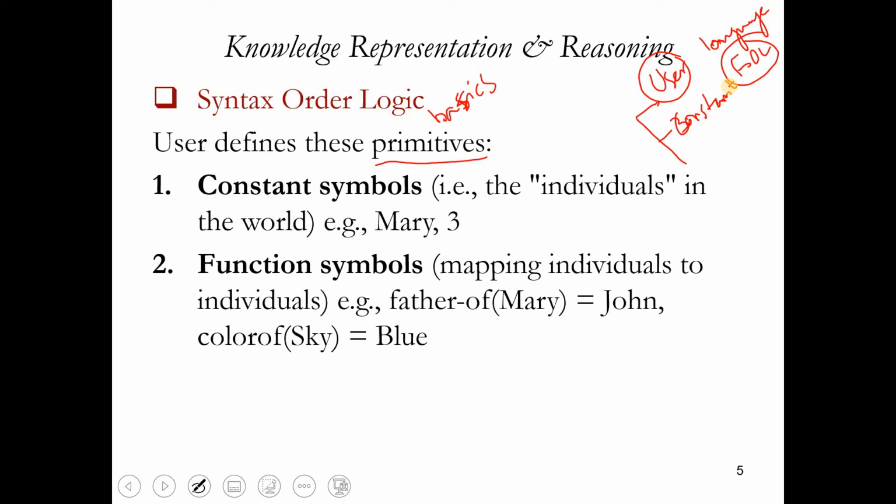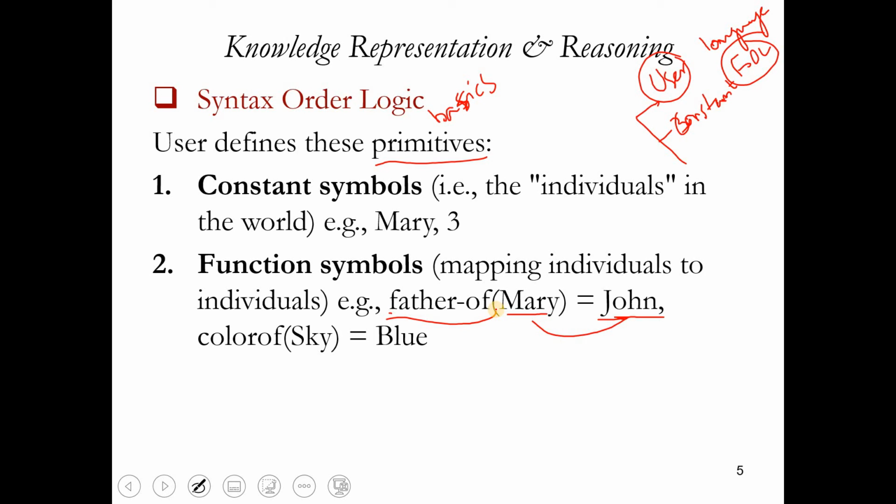Then you can have function symbols. After constant symbols, you can have function symbols. You can map individuals to individuals. For example, Mary and John, two persons. You can define a function over here, father of. This function will connect two objects.